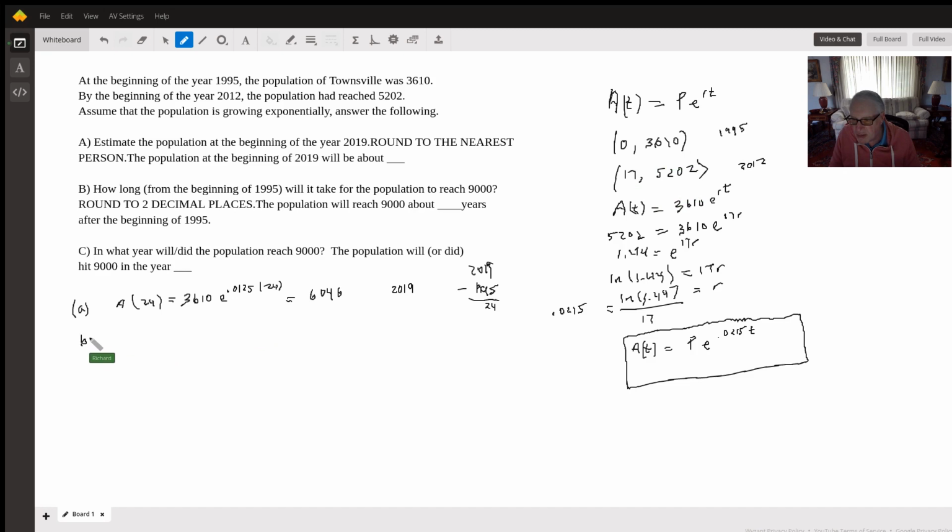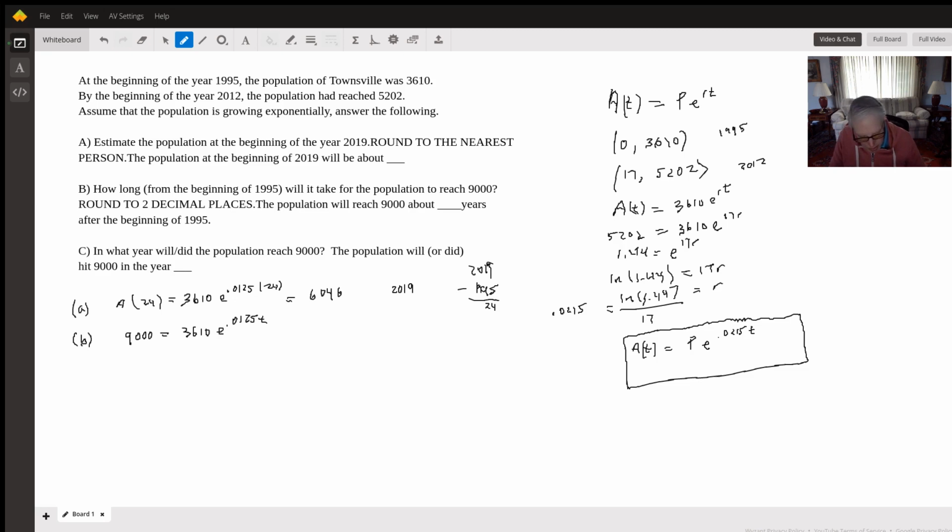Now, part B is how long from the beginning of 1995 will it take the population to reach 9,000? So we're given the ending population, and we're going to use the same formula, 3610 e to the 0.0215t, except now we have to solve for T. So we start by getting rid of that 3610.